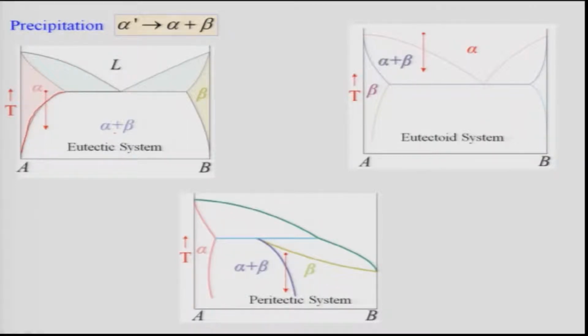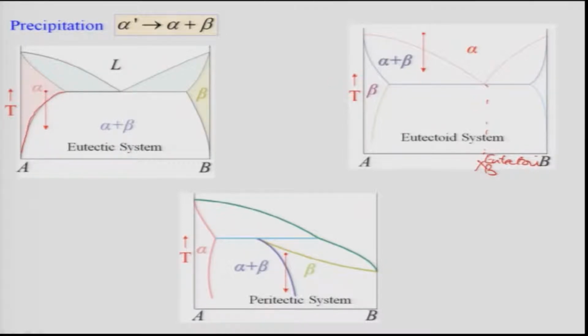You can also have precipitation from alpha to alpha plus beta in eutectoid systems when the composition is away from the eutectoid. This is the eutectoid composition. But if you have less composition than that or more composition than that, in both cases precipitation of alpha or beta phase is possible, depending on the type.